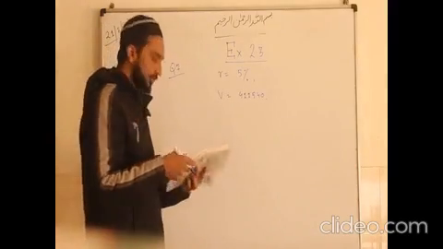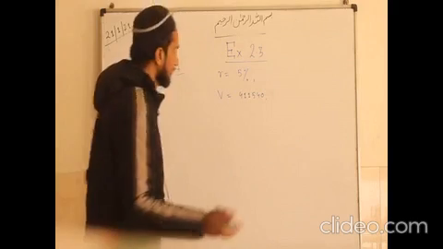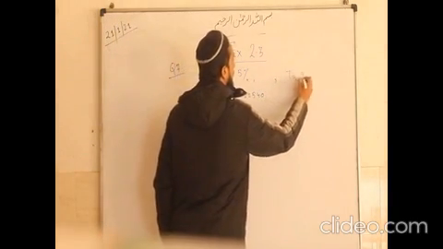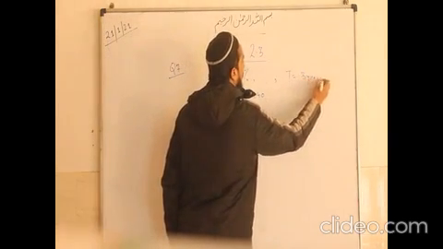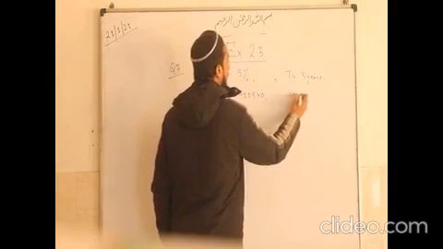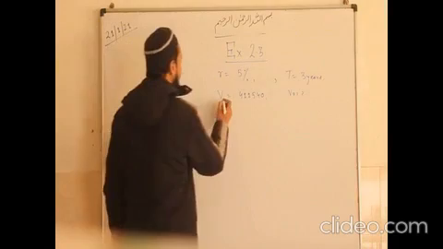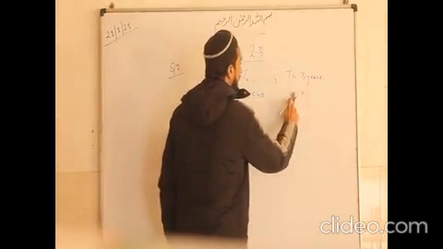What was its value 3 years ago? Time is given here, 3 years. So we have to find this value. There is a present value given, and we have to find V.